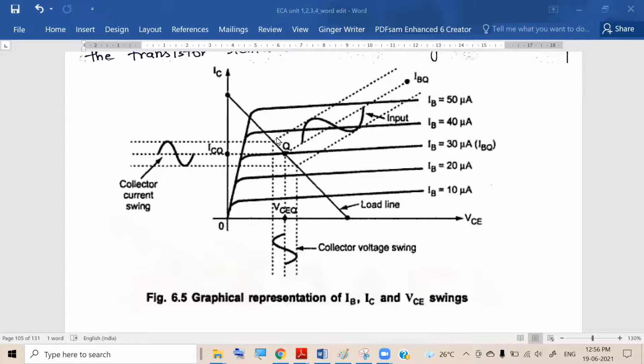Because we are operating in the center of the load line, this point happens to be the midpoint of this point and this point. Means the distance from 0 to ICQ is half of the distance from 0 to this point. So what will this point be?